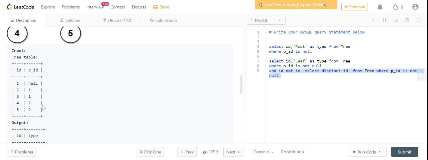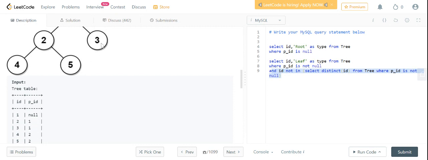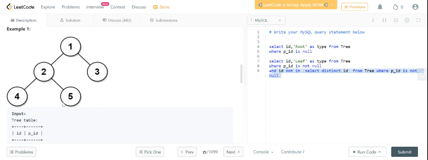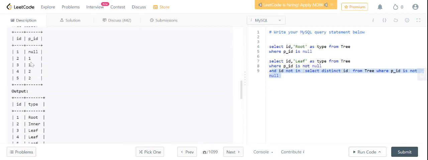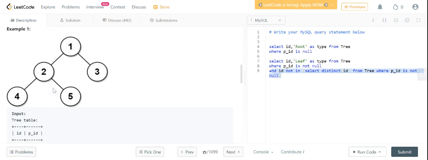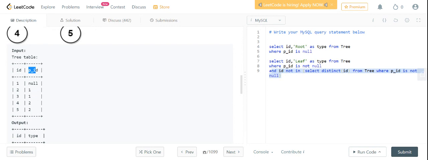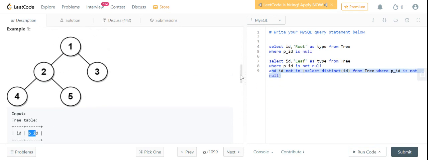If you see this table, in the parent id column we will not have any entry for 3, 4 and 5 because they are child nodes; only 1 and 2 have entries. So what we have written is: first we select distinct parent ids from tree, and we exclude them by using not in.